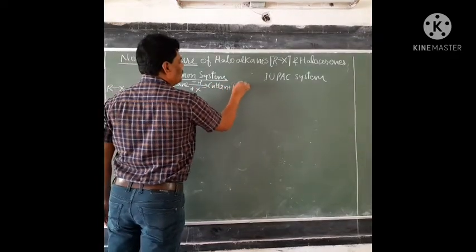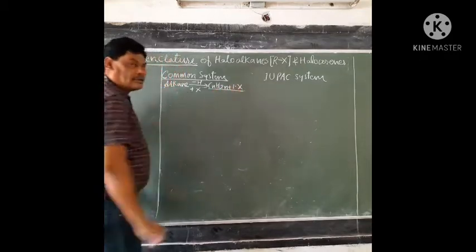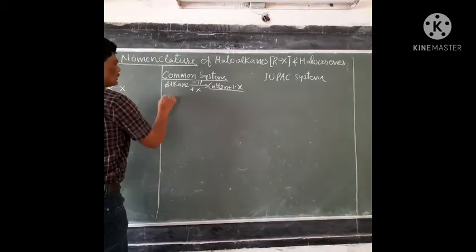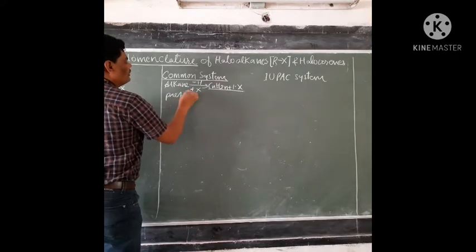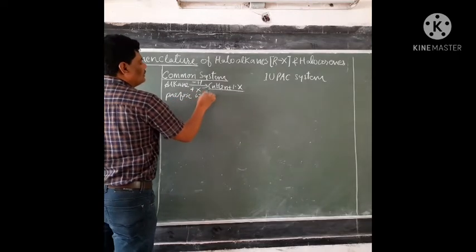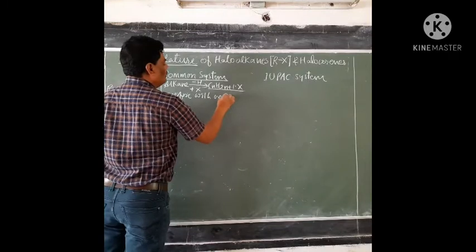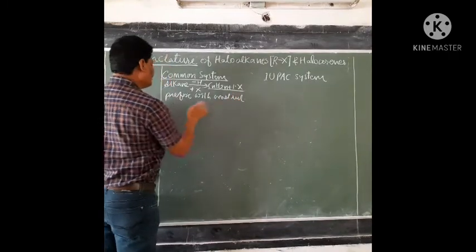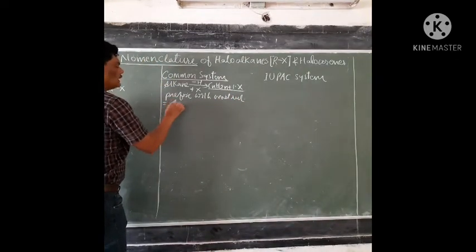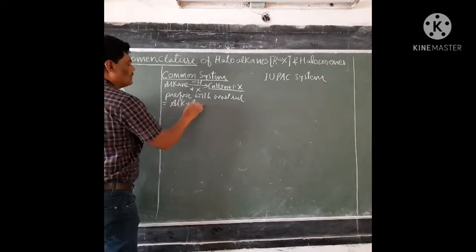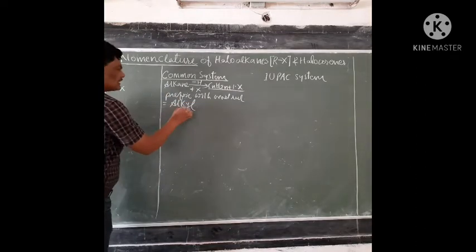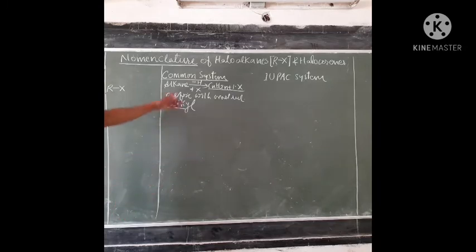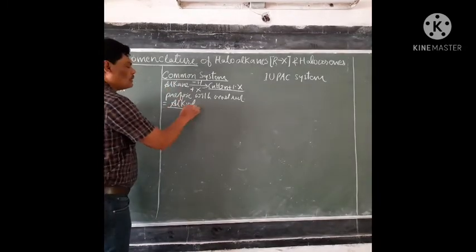So it becomes CnH2n+1 X. Isn't it? So the prefix with the word root is given by what? Alkyl. Given by alkyl, that is the number of carbon atoms, and one of the hydrogens is removed, therefore it becomes a radical.